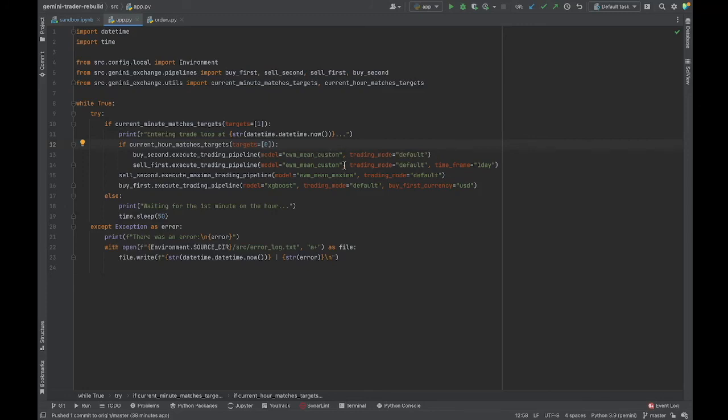Then we're going to assess something I'm working on, which is a sell first, buy second pipeline. A little bit confusing because it says buy second first, but it's still trying to buy dips and sell peaks, it's just doing the selling first, and it's not using the XGBoost algorithm.